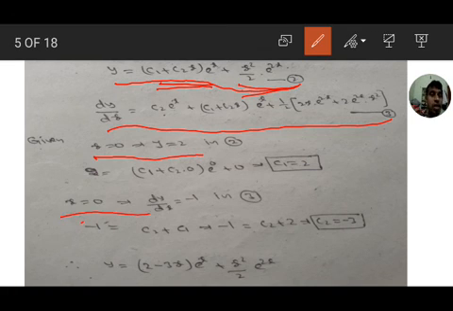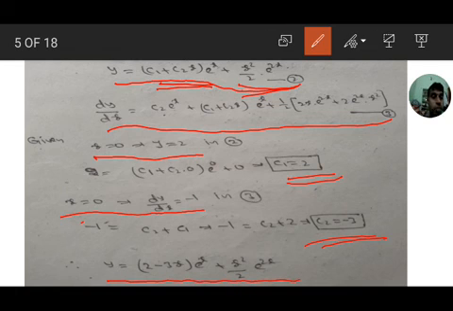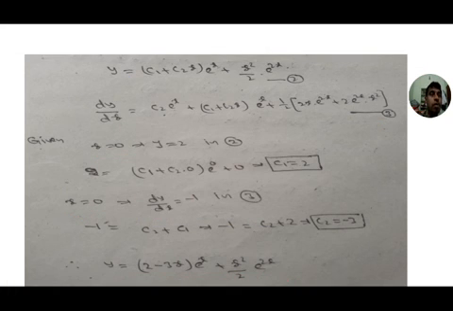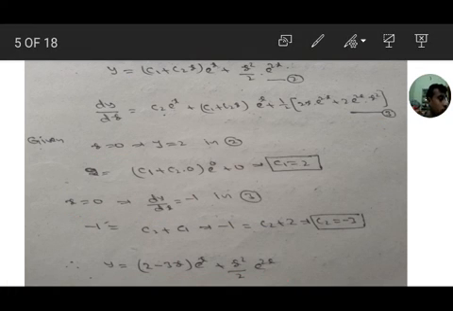Second condition: x equal to 0, dy by dx equal to minus 1. From these two equations we get the c1 value and c2 value: c1 equal to 2, c2 equal to minus 3. Substituting these values in the solution, we get y equal to 2 minus 3x, e to the power of x, plus x square by 2, e to the power of 2x. This is the solution of the initial value problem.